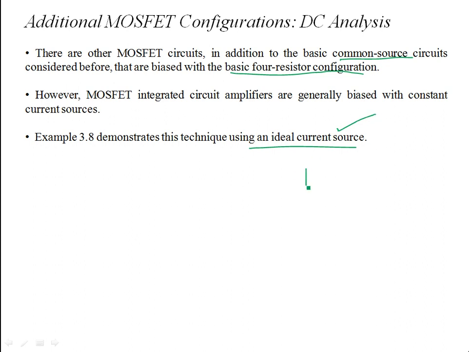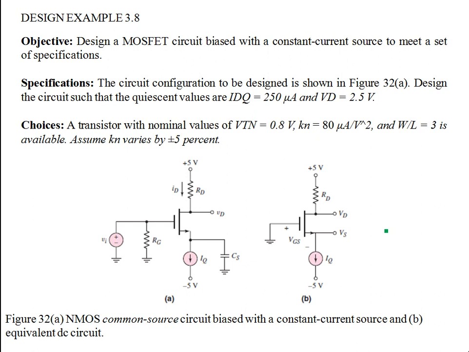Again, if your conduction parameter for the NMOS device, let's say Kn, is varying, you can still stabilize the overall circuit. The Q point in terms of IDQ and VDSQ is stable if you bias this with a constant current source. So this is your VDSQ, this is your Q point, the operating point of the transistor.